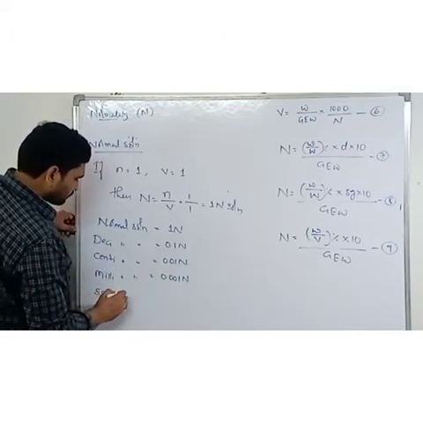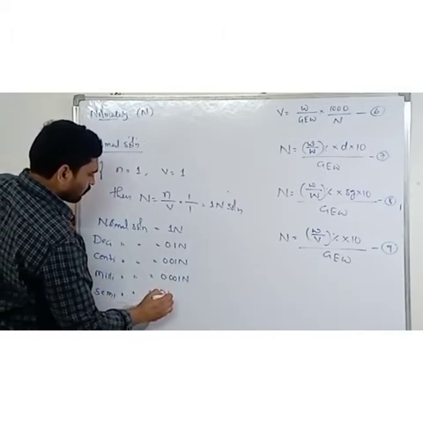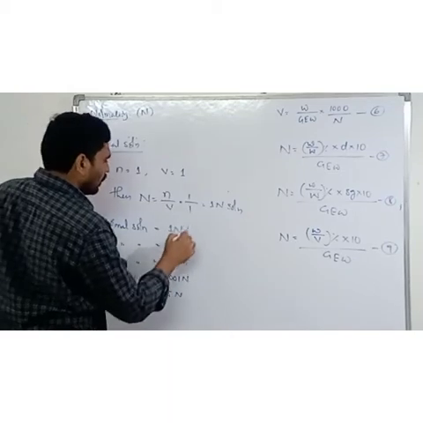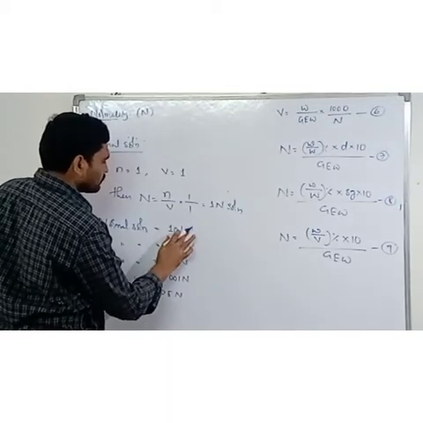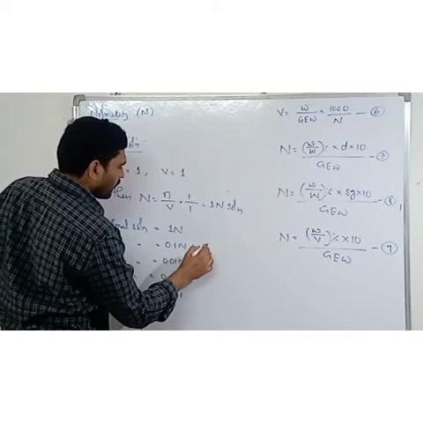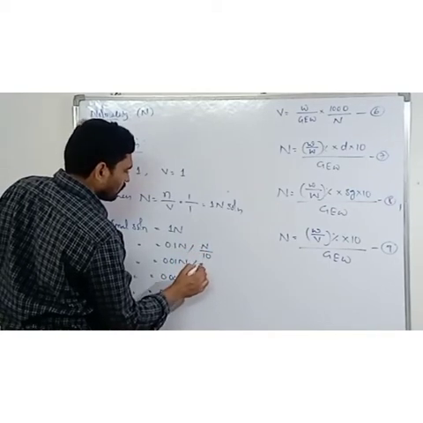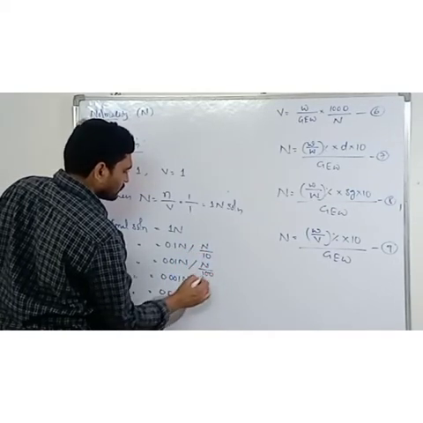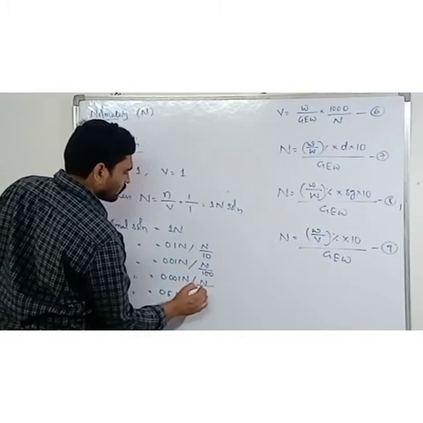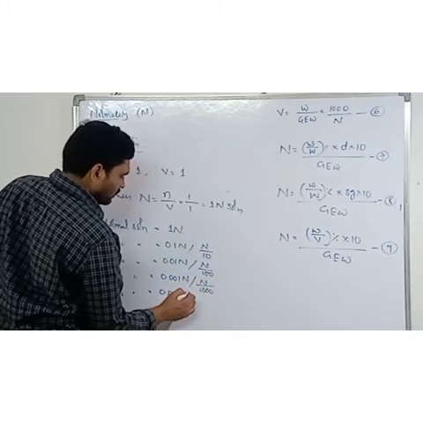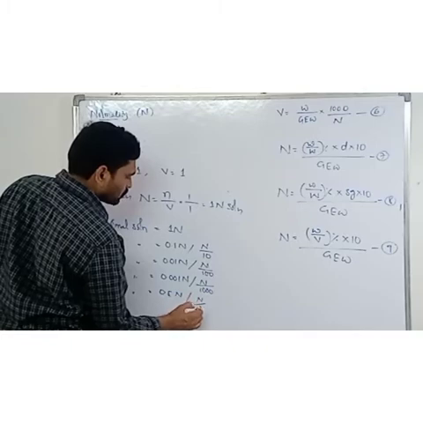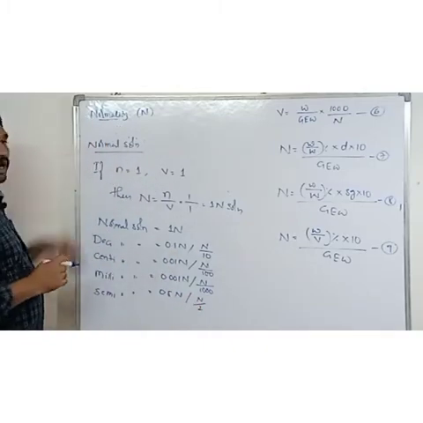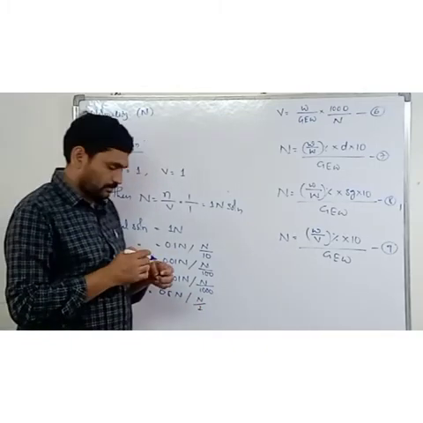Semi-normal solution, 0.5N solution, or N by 2. Also N by 10, N by 100, N by 1000. So it is the normal solution concept.